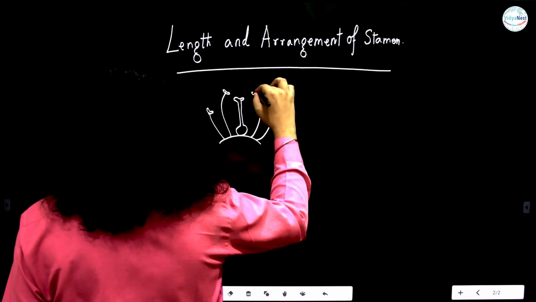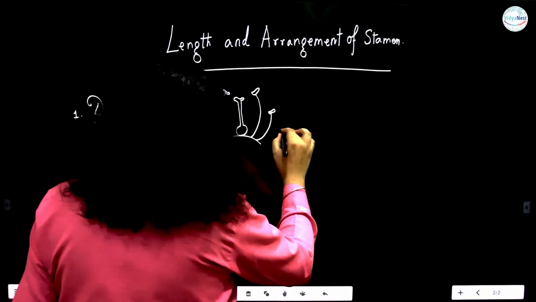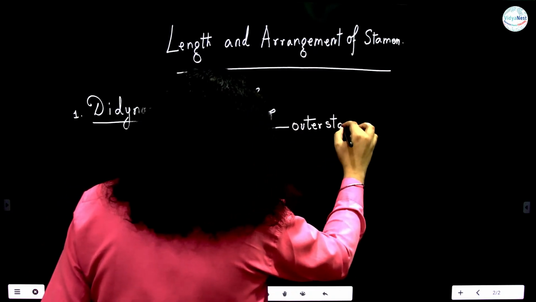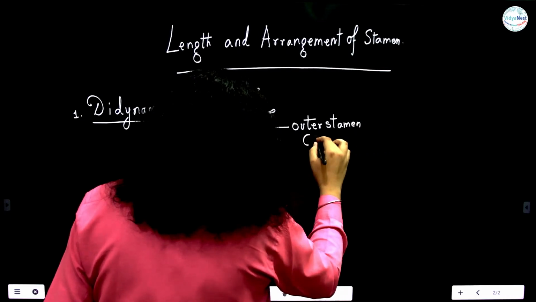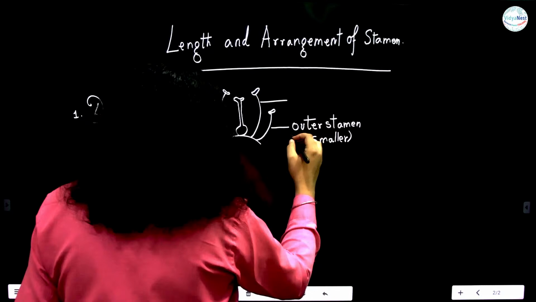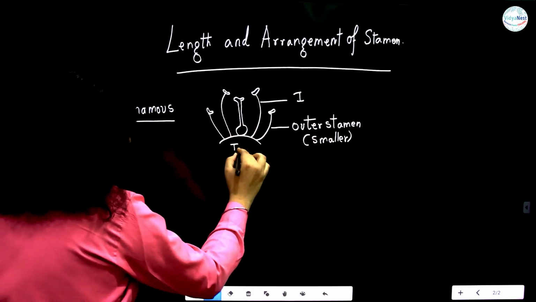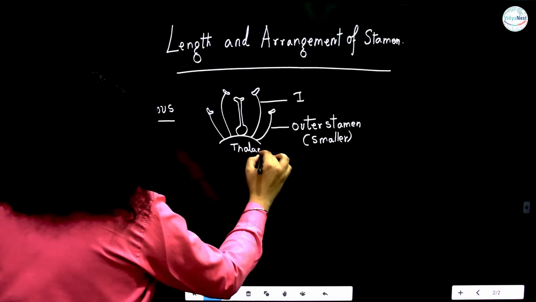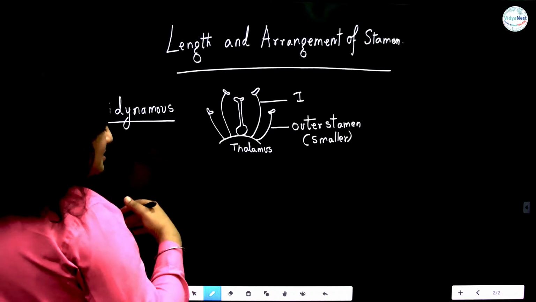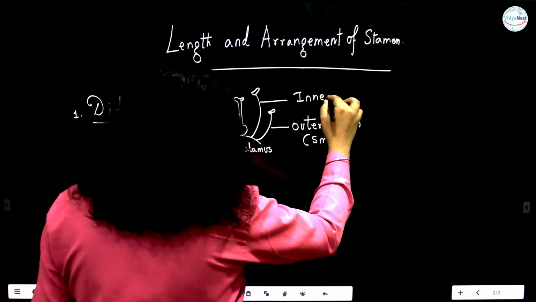These are outer stamens, and these are inner stamens because they are situated on the inner side of the thalamus. I'm showing only the stamens, which is why the other floral parts like calyx and corolla have not been drawn here.